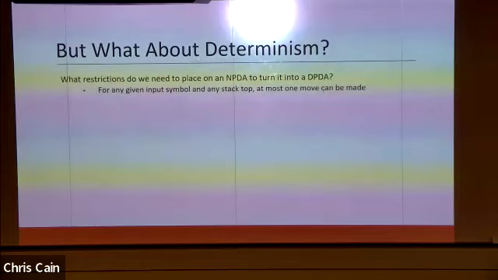Now, instead of worrying about just a single character in the string, we need a tuple of a character in the string and a top of stack character. At most, one move can be made given that tuple. As soon as you have an A in the string and a capital S on top of the stack, or an A in the string and a capital A on top of the stack, those are two distinct moves. And they're both legal in a DPDA.